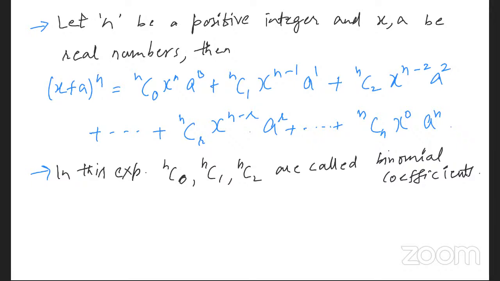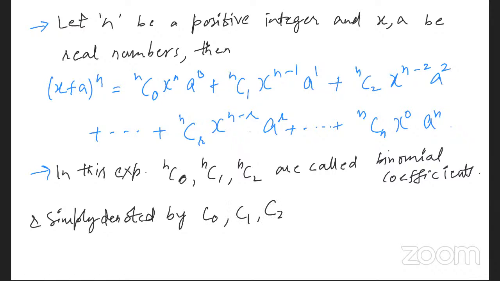And they are simply denoted by C0, C1, C2, so on, Cn. Okay. Now we shall see how we can reduce this expansion in terms of a summation formula, and we'll see how many number of terms are there in this expansion.